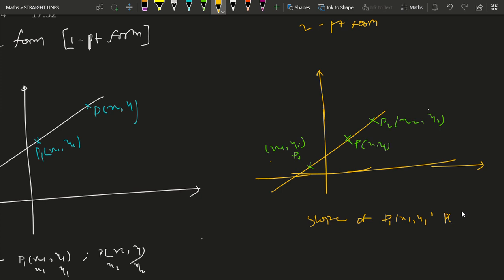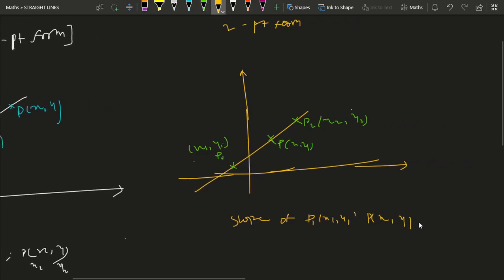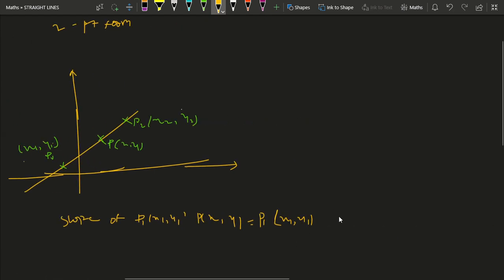So these two points I am going to take the slope, and I am going to equate it to the slope of P1 and P2, where P1 is x1 comma y1 and P2 is x2 comma y2.